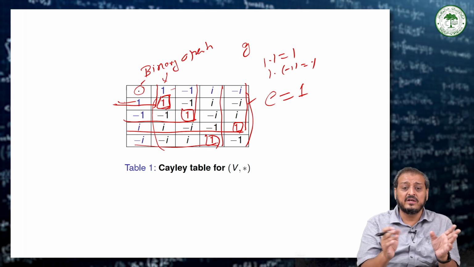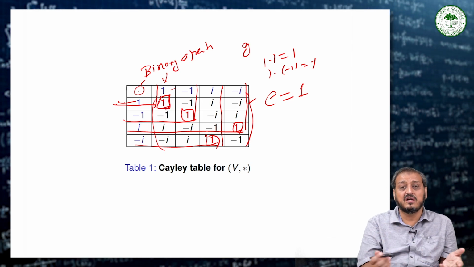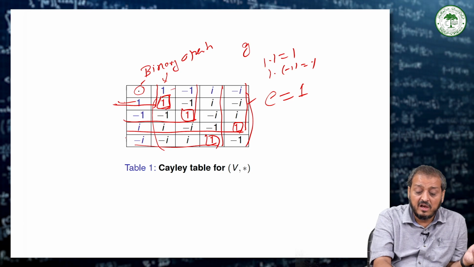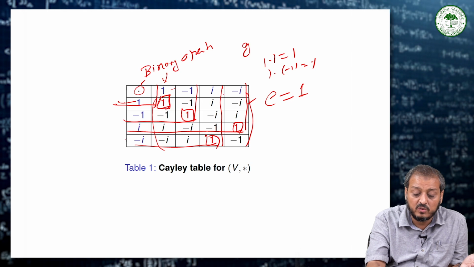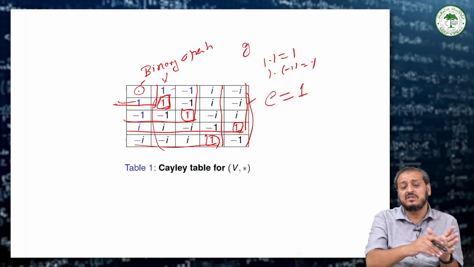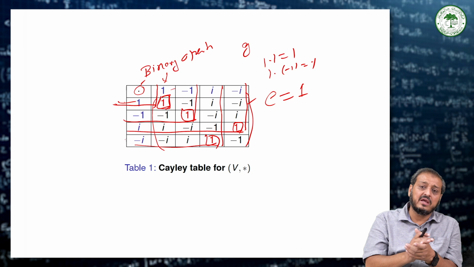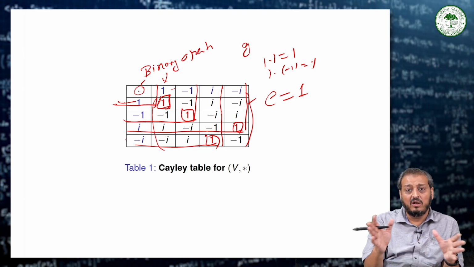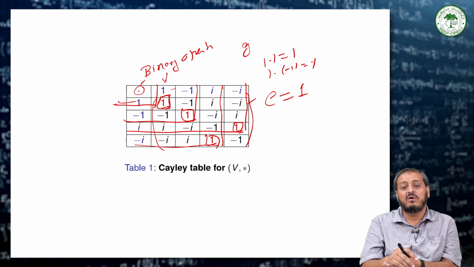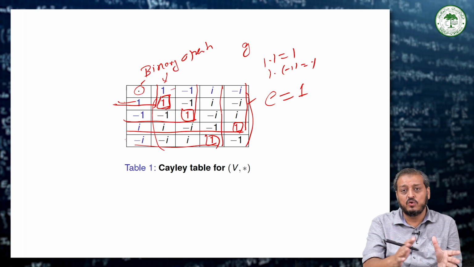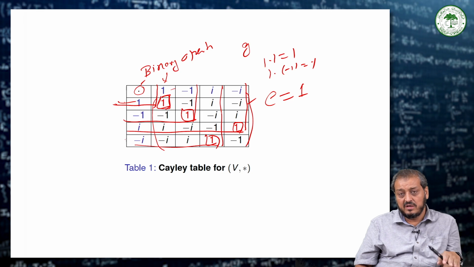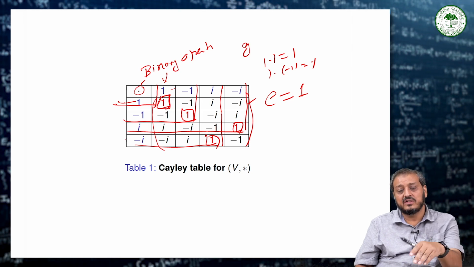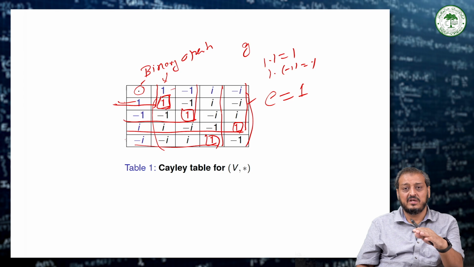Also you can easily verify the commutativity condition: I into minus 1 is equal to minus I, and minus 1 into I is again equal to minus I. So this complete table shows that all the elements satisfy all the conditions of a group, the identity element, and the inverse of every element.